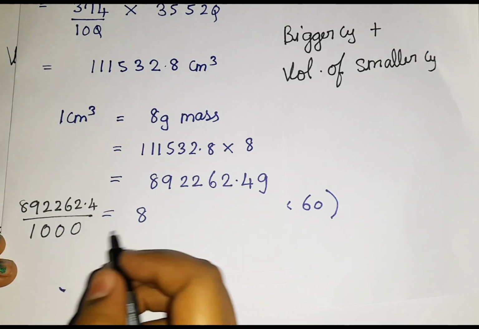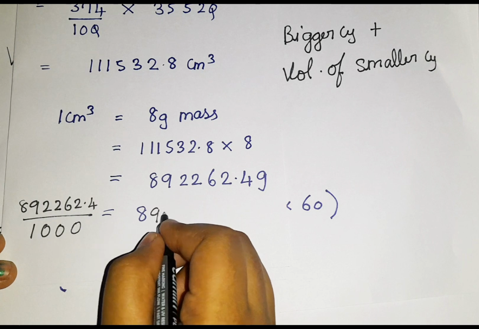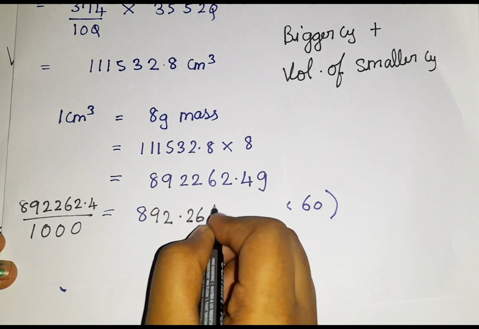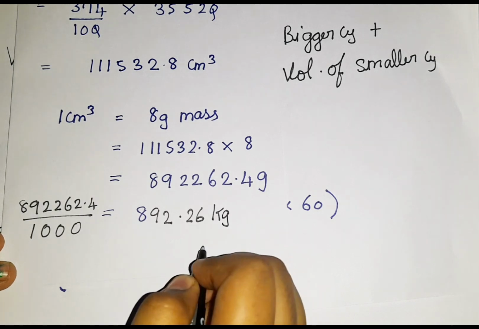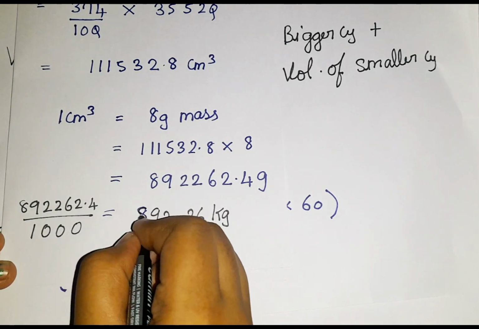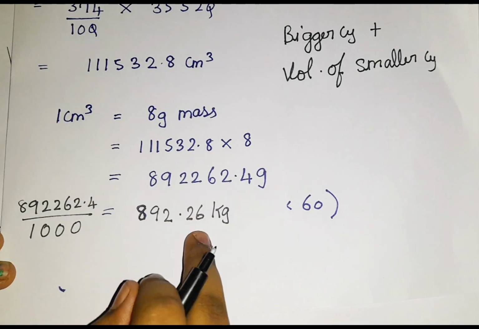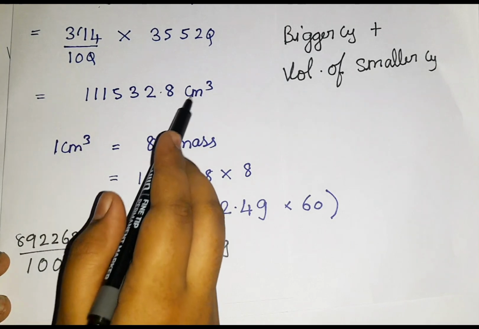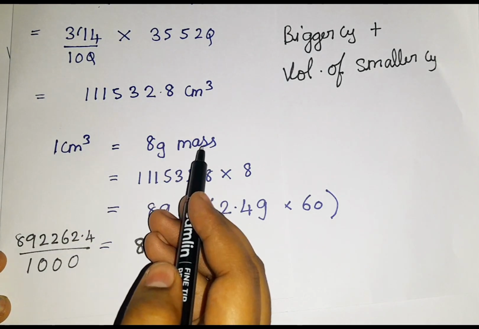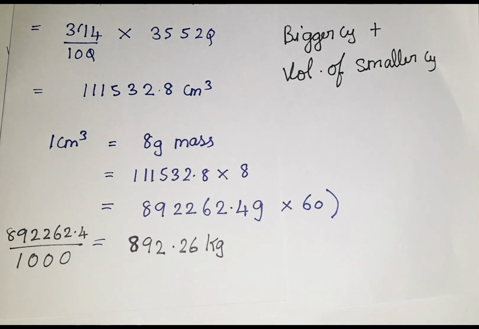So likewise when we convert now we get 892.26 kg. Okay, so we get something like this. Then this will be our final answer. Okay, so we are supposed to do it like this. Why? Because we got a value that is in centimeter cube. Am I right? We know that 1 centimeter cube is 8 gram mass. Okay, so when we multiply we will get the answer.